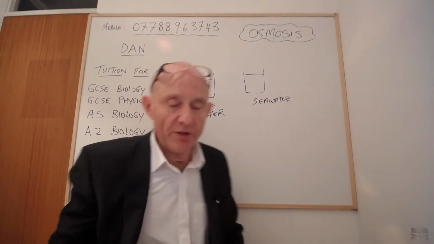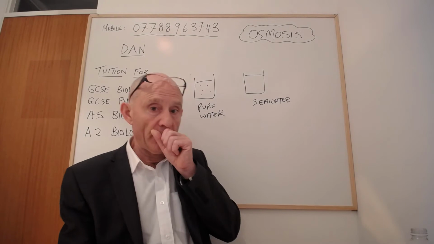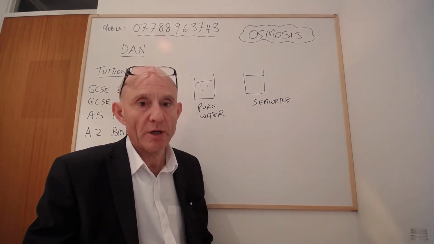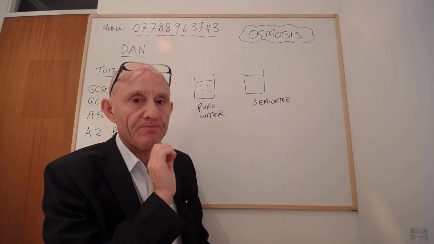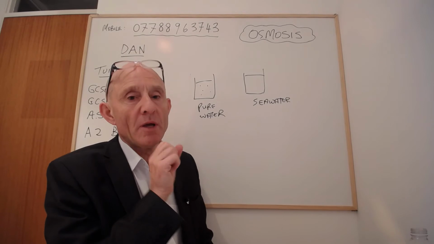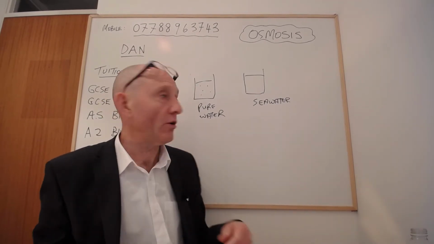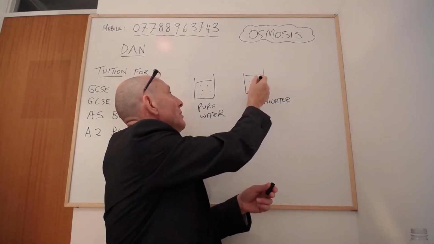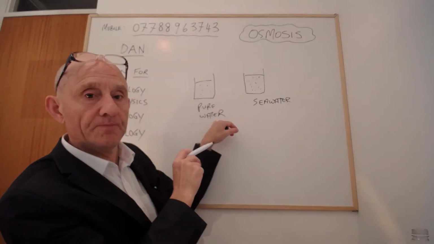Well, these terms are not used that frequently anymore in exam questions, but the terms that are used are hypertonic, hypotonic, and isotonic. Now, let's take the term hypertonic. Hypertonic just means a higher concentration of dissolved substances present. Higher concentration. So, for example, we'd say the seawater is hypertonic to the pure water.